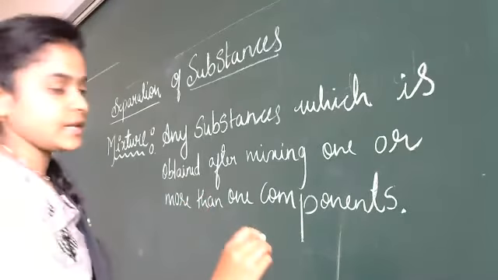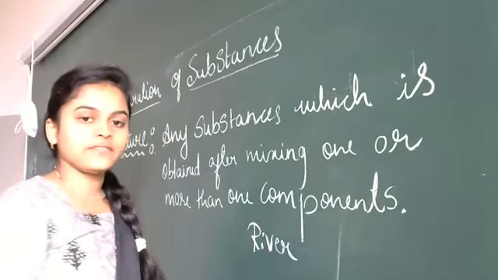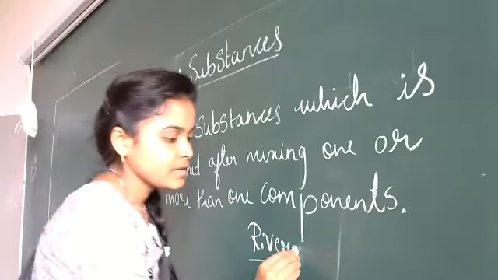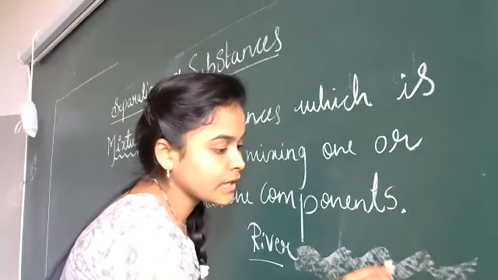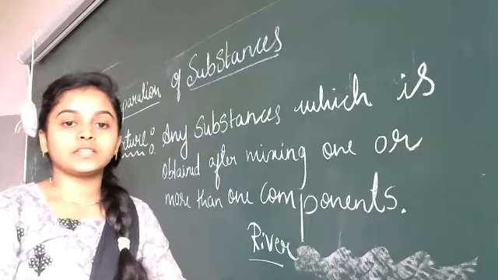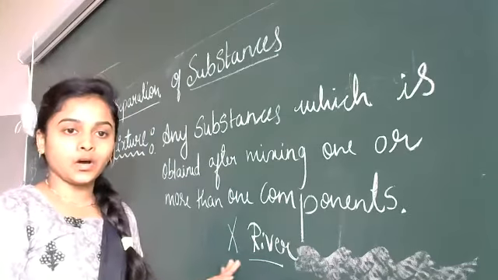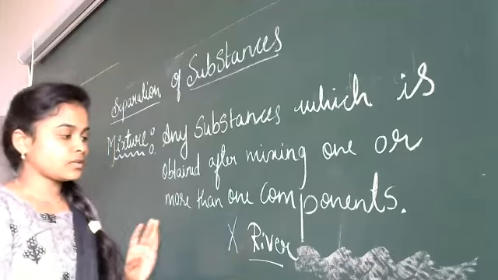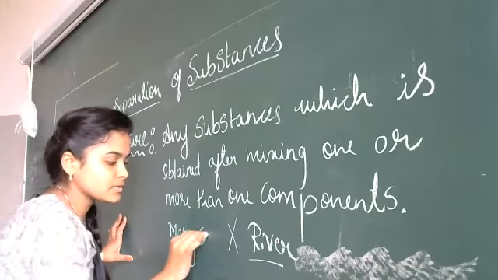One more example I'll take. River, right? Have you all seen a river? The fresh flowing water, have you seen? Yes. So this river water is also not pure water because it also consists of many salts.